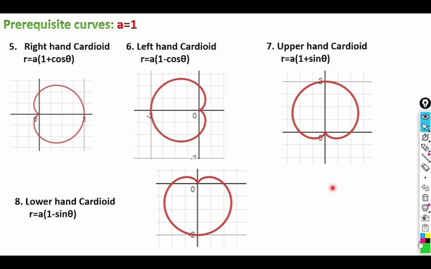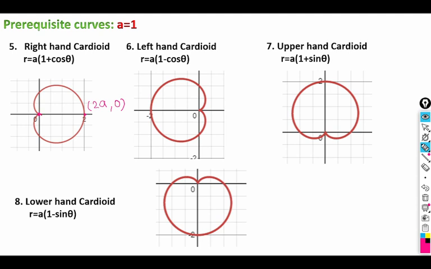Let me just focus on the first cardioid here. See the first point, this is on the line theta equal to 0. If you put theta 0, cos 0 is 1, so r is equal to a times (1 plus 1), so it is 2a. It is (2a, 0), because at theta 0, r is 2a. Come to the origin.